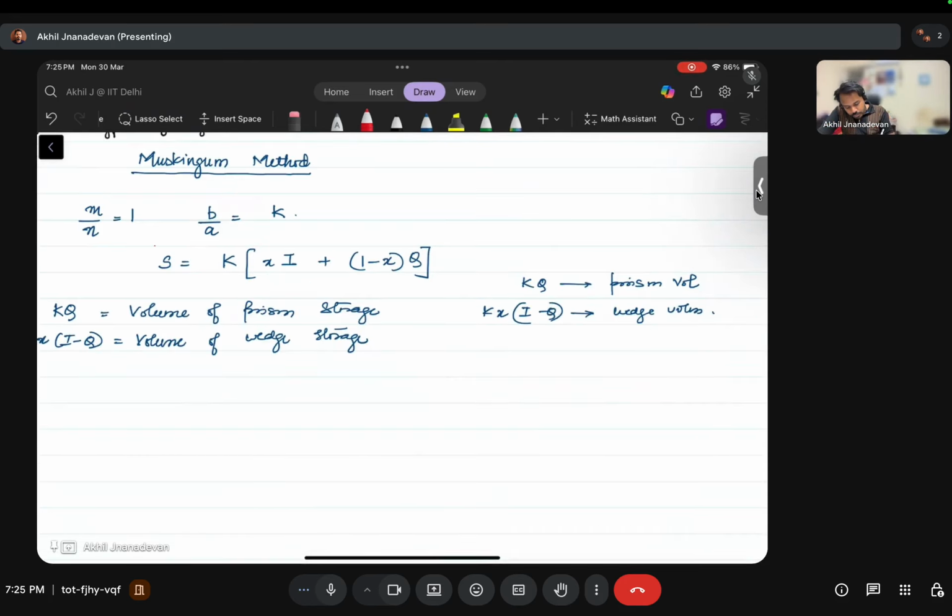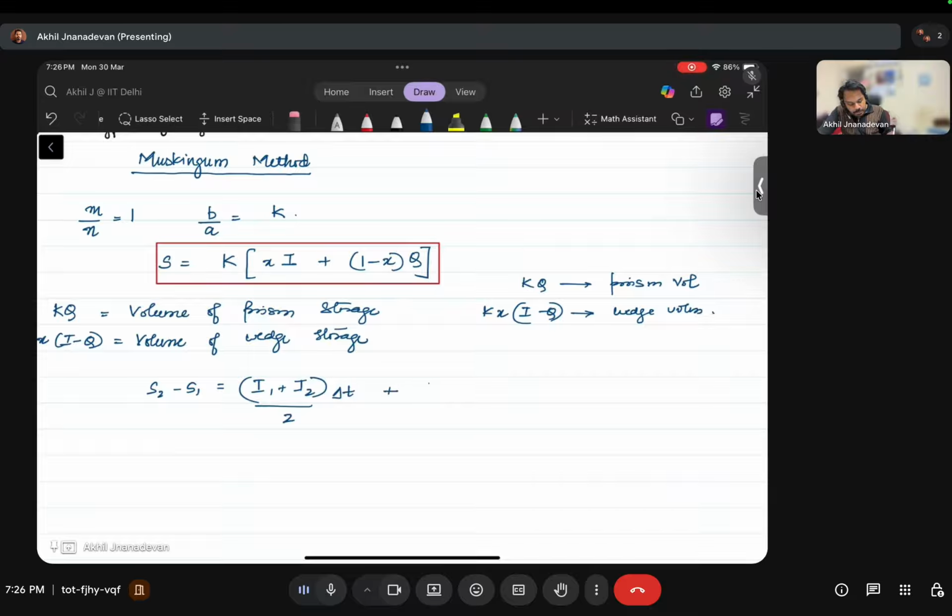So now what we do, we repeat the same thing. Next, how are we trying to route this? We know S1, like we have this particular equation that we have already derived. S2 minus S1 is equal to, we consider linear variation within the delta x limit, so our integral continuity equation can be discretized in this format, (I1 plus I2) by 2 into delta t.